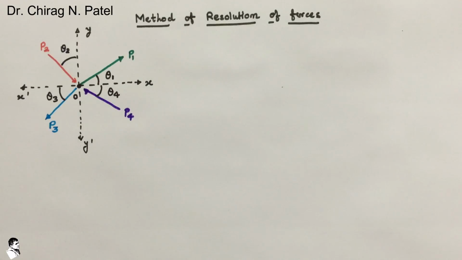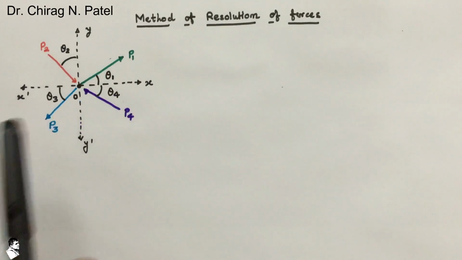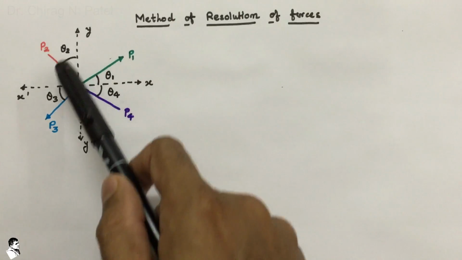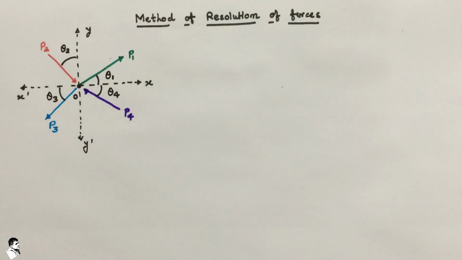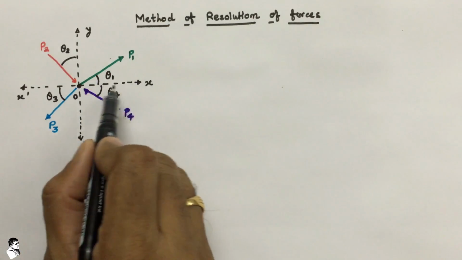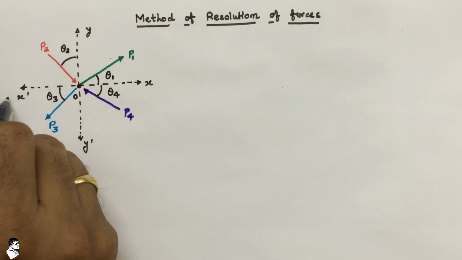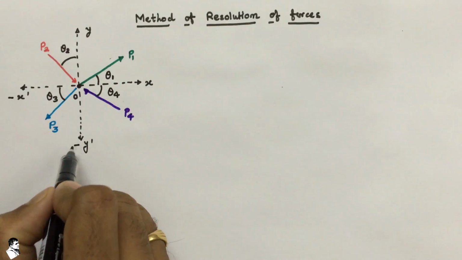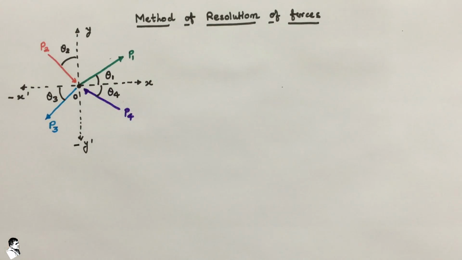So there are four forces considered with respect to some angle with different axes. If we consider this as the positive axis, then this is our negative axis. Now how to resolve them in a particular direction of the axis is required to be understood.